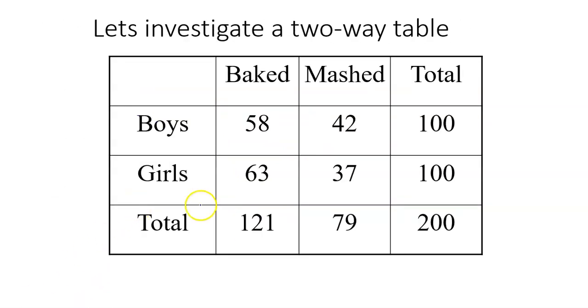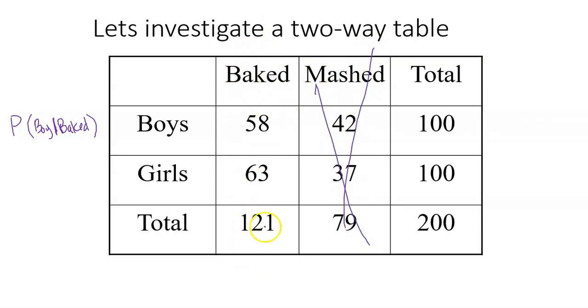All right, so let's investigate a two-way table. Using a two-way table, if we wanted to know, for example, the probability that the person we pick is a boy, given that they preferred baked potatoes. We know they liked baked potatoes, not mashed, so we don't need to look at that column anymore.